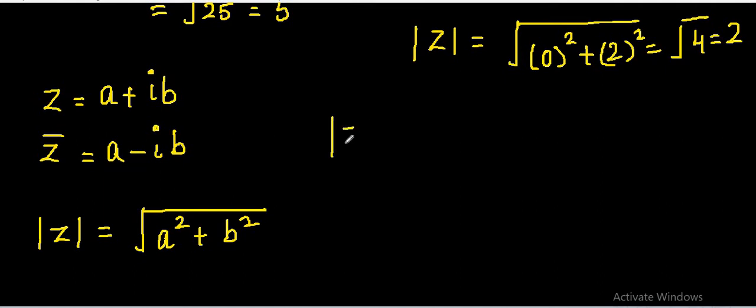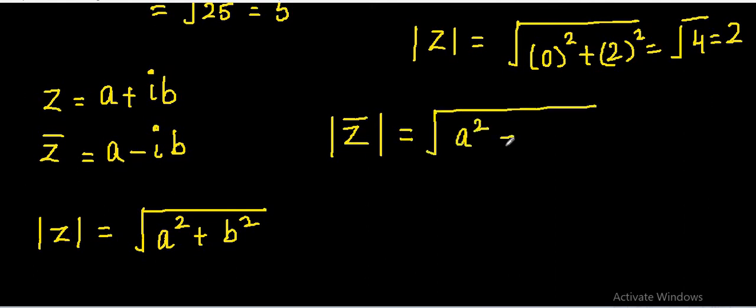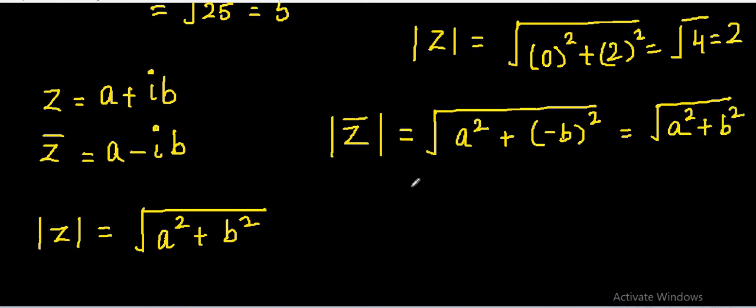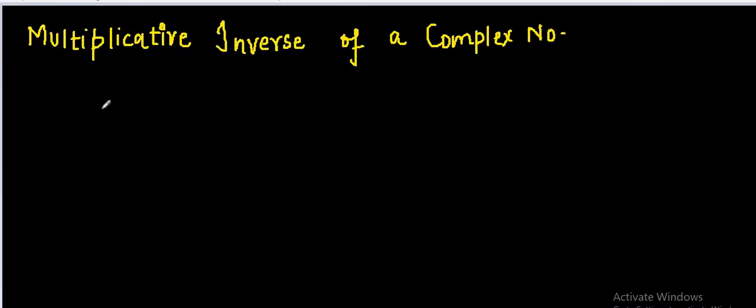And if we calculate modulus of conjugate z, then it will be under root of a square, that is real part whole square, plus imaginary part whole square, that is minus b whole square. This gives us the same answer. So this is a very important and interesting property of modulus, that modulus of z is always equal to modulus of z conjugate.